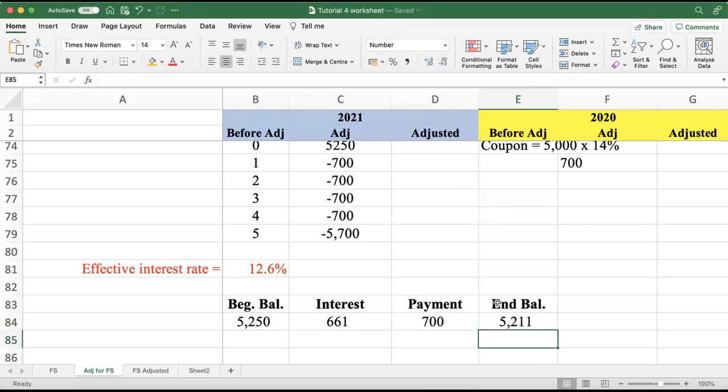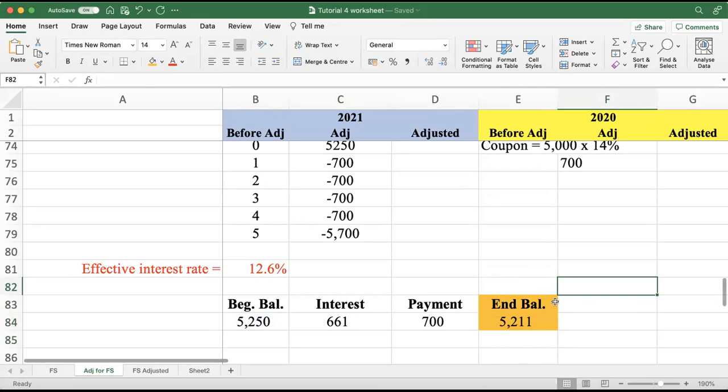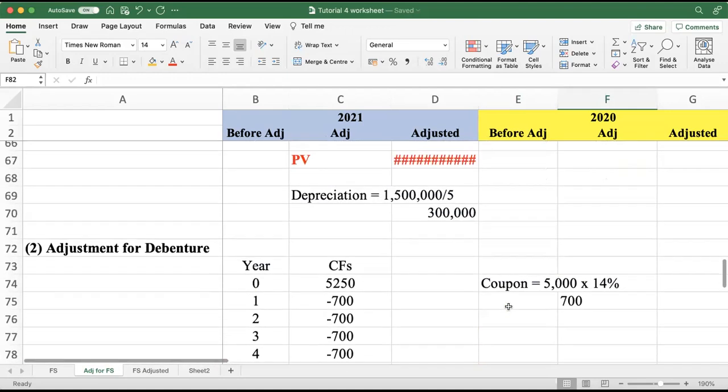So this is debenture liability at amortized cost. That goes to the statement of financial position. In the statement of financial position, the debenture liability is 5,211.